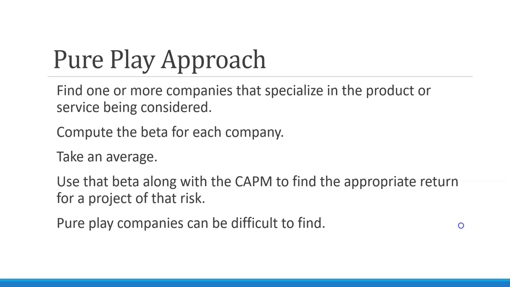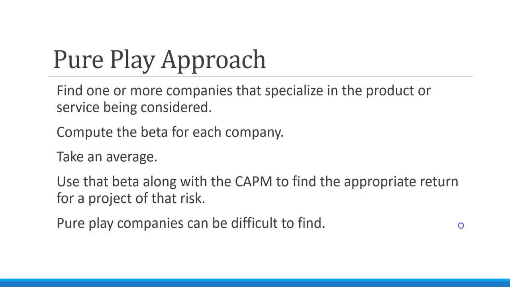One way is called the pure play approach. In the pure play approach, instead of our weighted average cost of capital, we find one or more companies that specialize in the product or service being considered. So think about if the capital budgeting project that we were considering was a new product launch, a product or service that we had never taken on before.